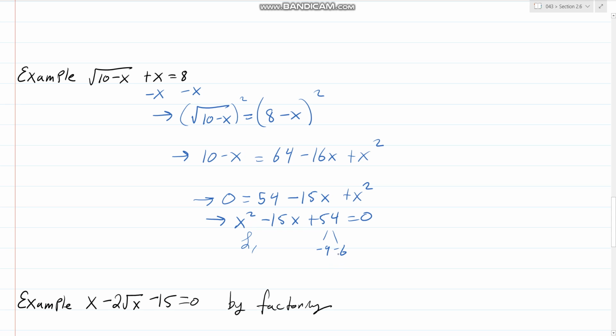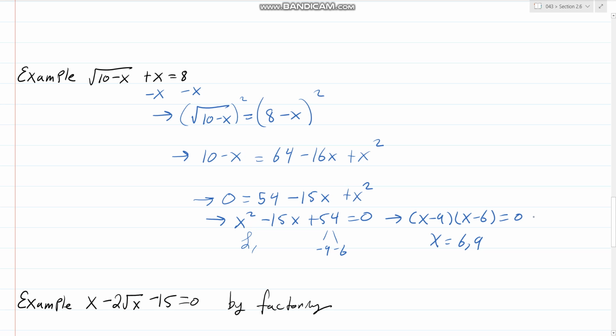If you add those together, you get negative 15. If you multiply them, you get positive 54. So awesome. I think that's going to become x minus 9, x minus 6 equals 0. And from previous lectures, we found that if you multiply these together, one of them has to be 0. So you're going to get 6 and 9 as your answers.